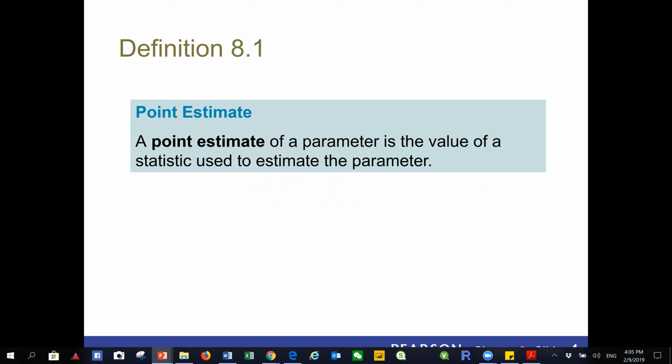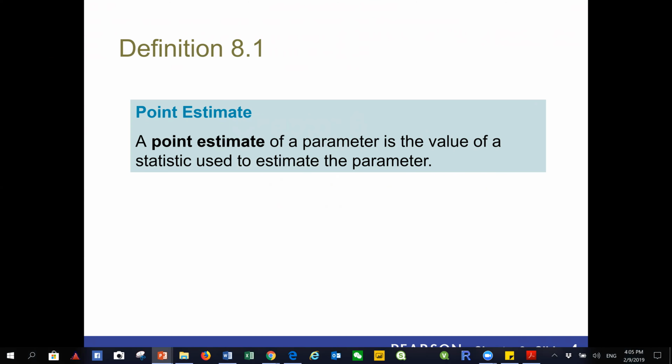If the population parameter is population proportion, we use sample proportion to estimate it.